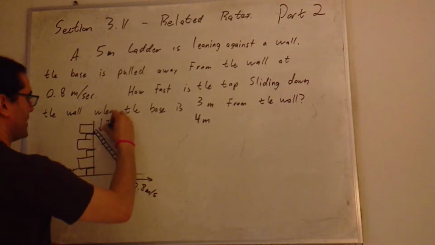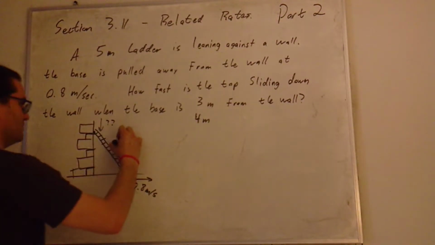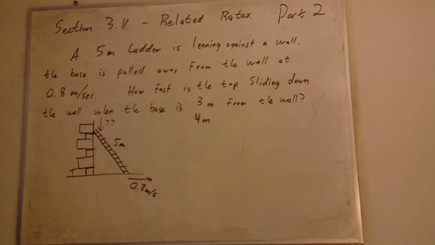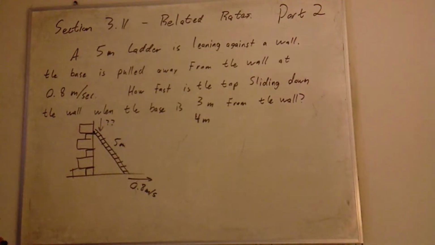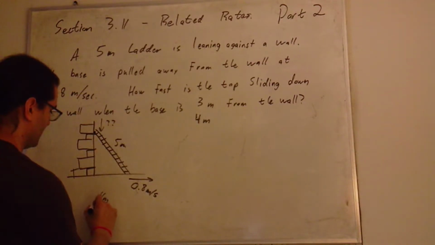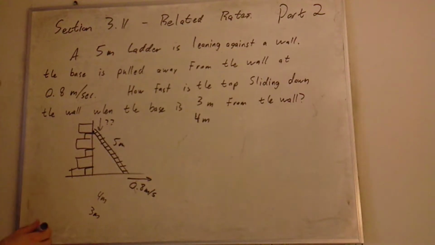So the question is about how fast the top of the ladder is sliding, and the ladder is 5 meters long. I think that is all the information that we have and all the information that we need. I guess we should hold on to these guys. We want the 4 meter mark and the 3 meter mark for this distance.